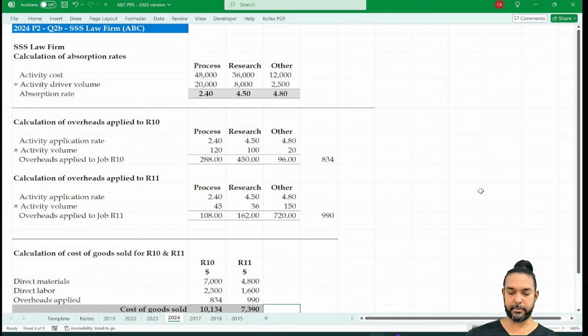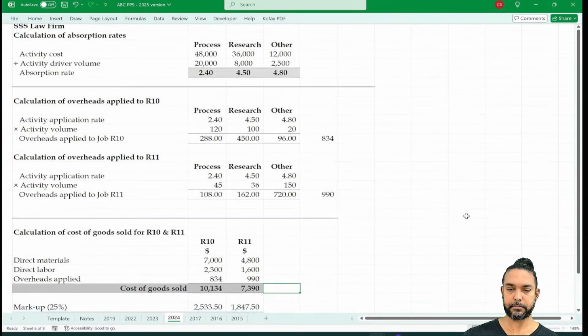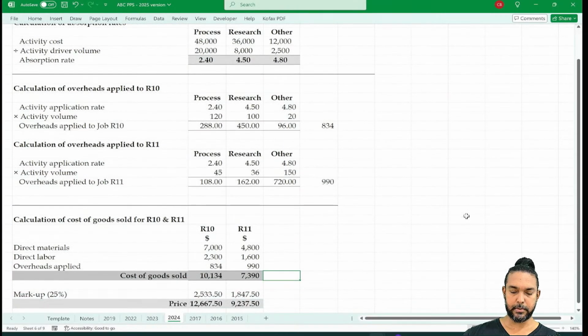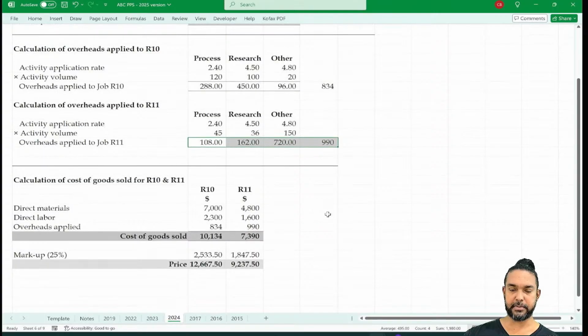Okay, right, where are you guys? How did I get the total? Like for here and here? I just added going across. So just add going across and then add going across. Right, for price, I added the cost plus the markup. So the total is cost plus the markup, sorry.